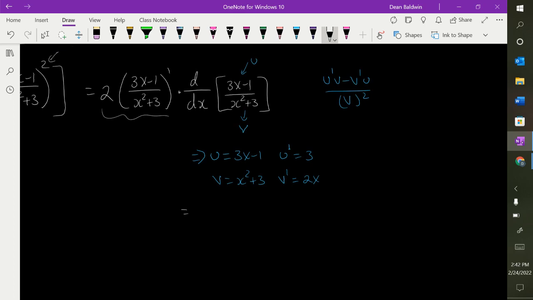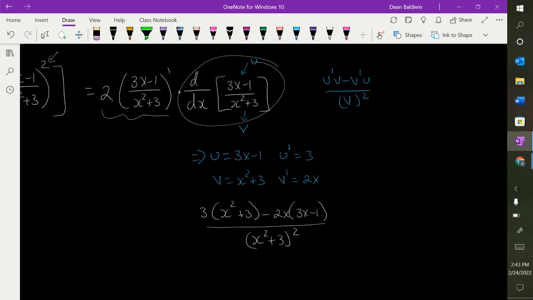U primed, which is 3, times the denominator, v, x squared plus 3, minus v primed, which is 2x, times u, which is 3x minus 1, over v squared, x squared plus 3 all squared.